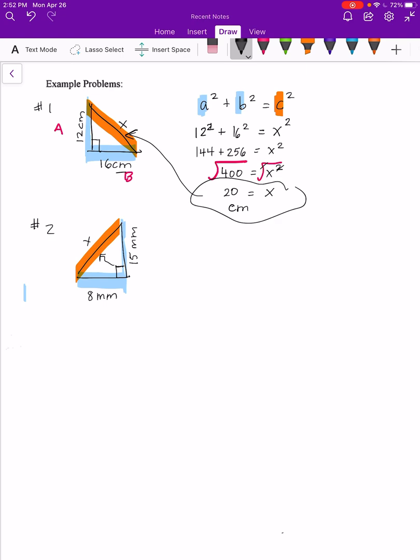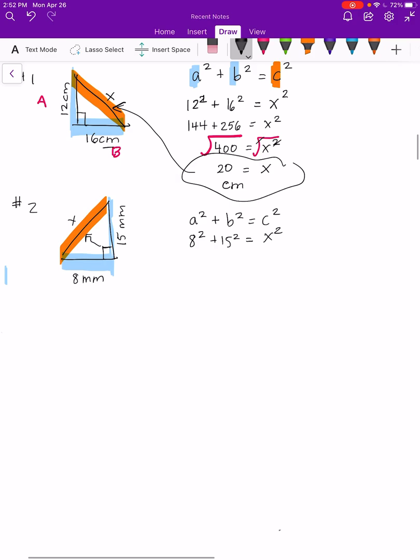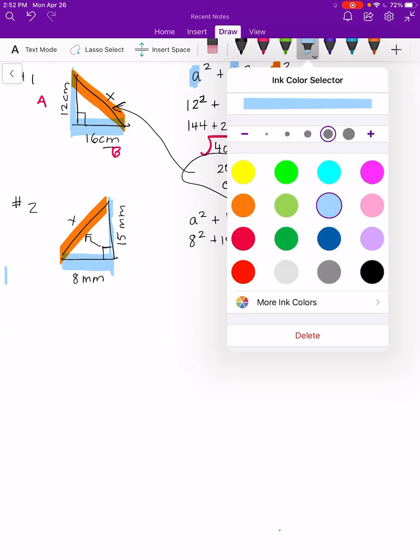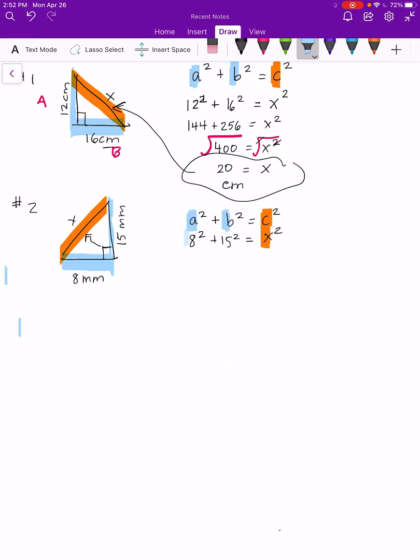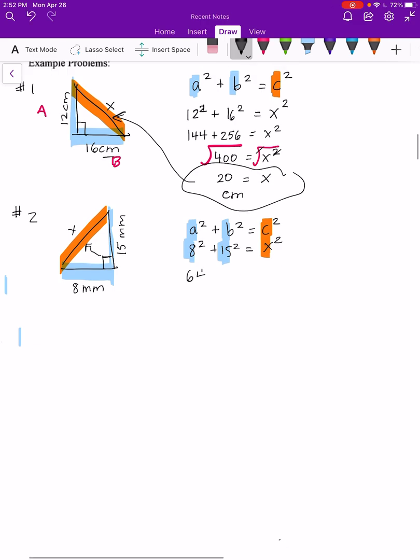So again, we use our formula. A squared plus B squared equals C squared. So I plug in my legs. That would be 8 squared plus 15 squared equals C squared. That's X squared. So I'm just going to kind of highlight. Those are my X's. And then here's my legs, A and B. So putting those colors to it to help you out. 8 squared is 64. 15 squared is 225.